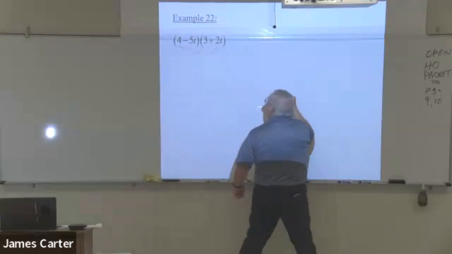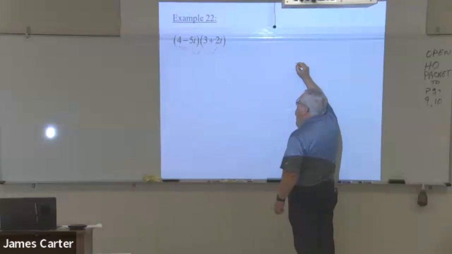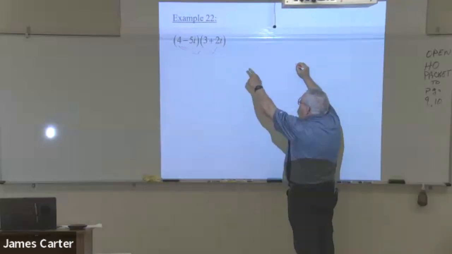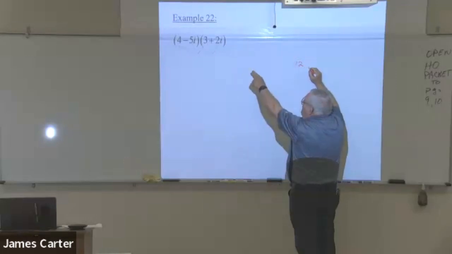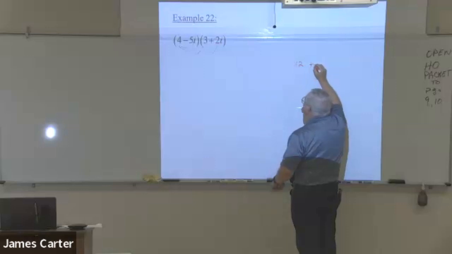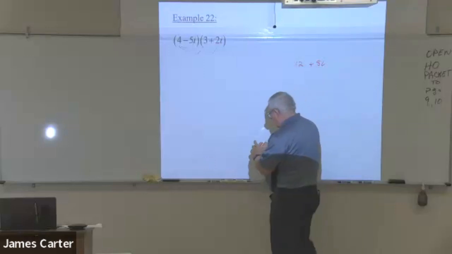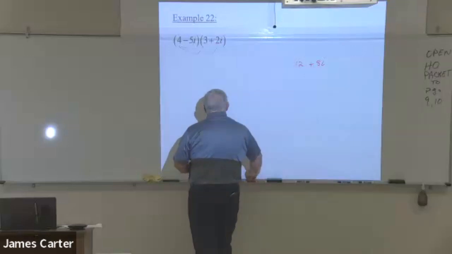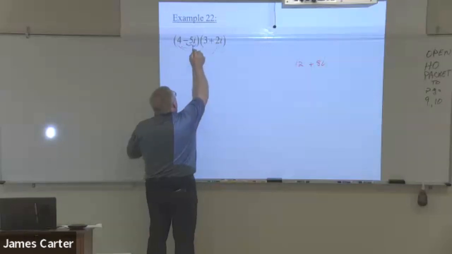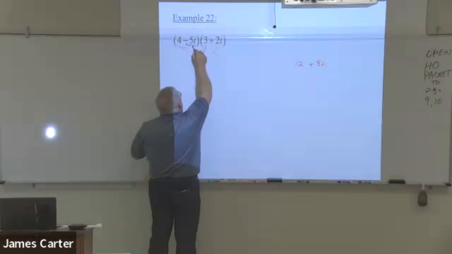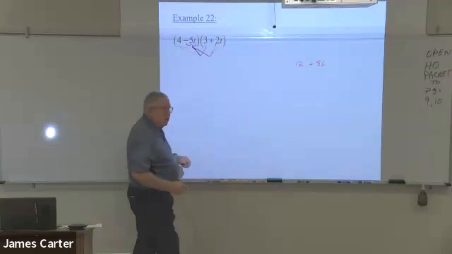And when we do that, we're going to get 4 times 3 is 12. And then we're going to get 4 times 2i is plus, in this case, 8i. And we're going to distribute by this number here and here.